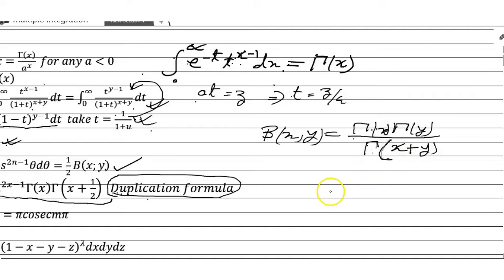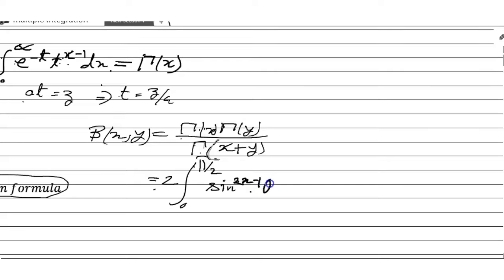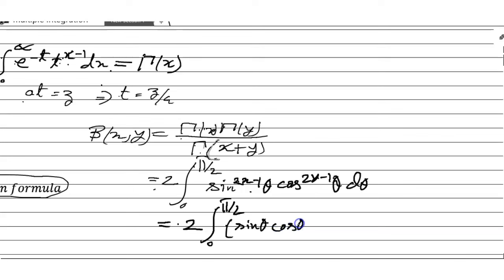So this equals 2 into the integral from 0 to pi by 2 of sine to the power 2x minus 1 theta d theta into cos to the power 2x minus 1 theta, which is 2 into the integral from 0 to pi by 2 of (sine theta cos theta) to the power 2x minus 1 d theta.